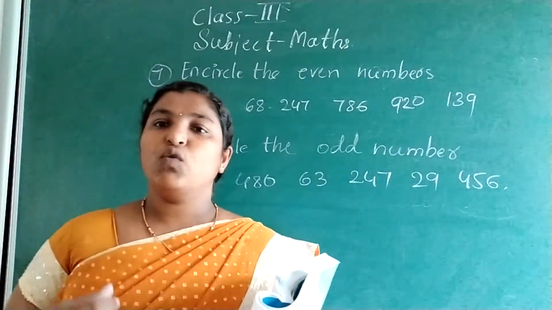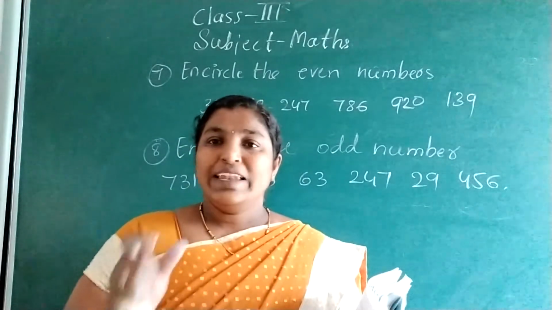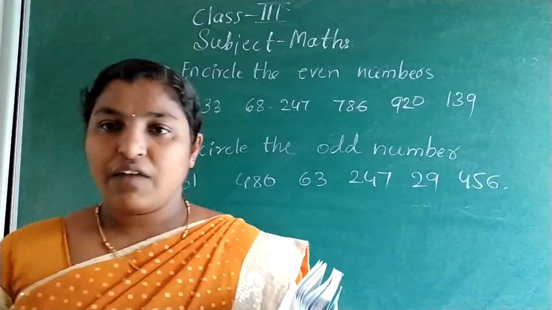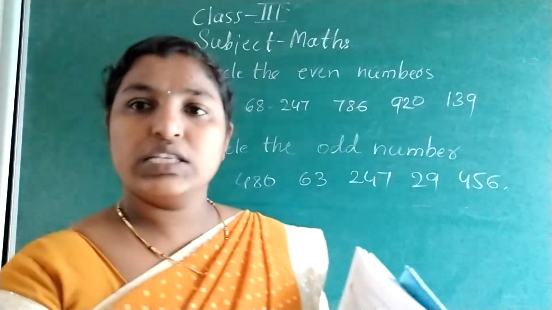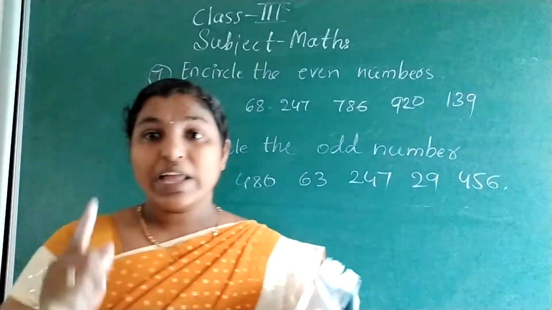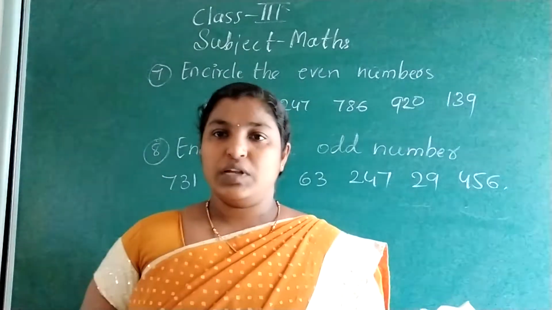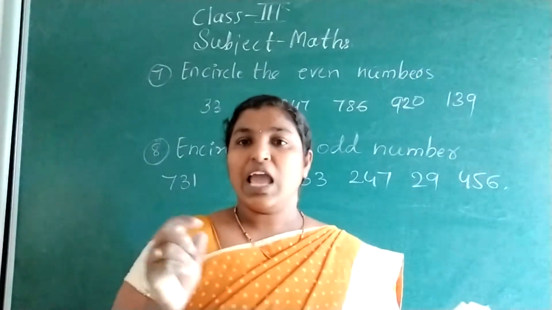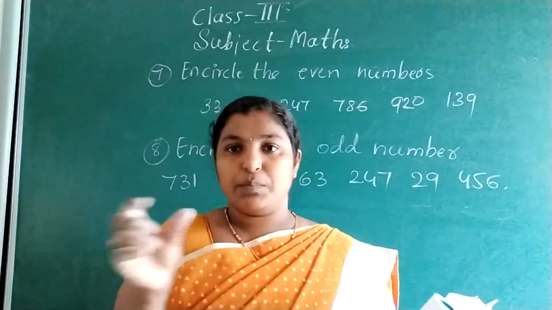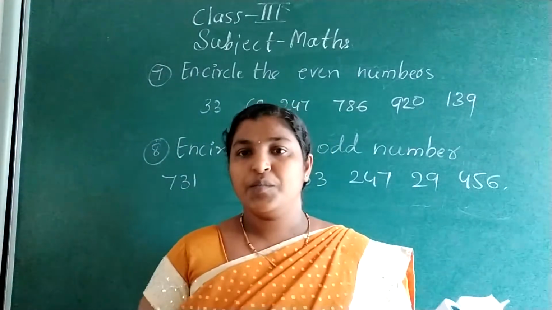Again I will tell you what is odd number and what is even number. The numbers which have 0, 2, 4, 6 and 8 in the ones place are all the even numbers. Another thing, a number which can be written in perfect pairs is also an even number.